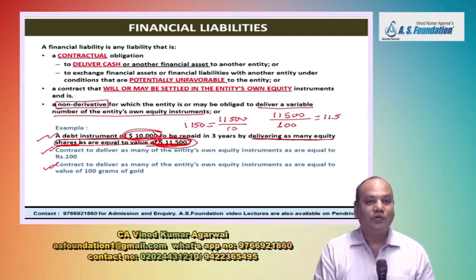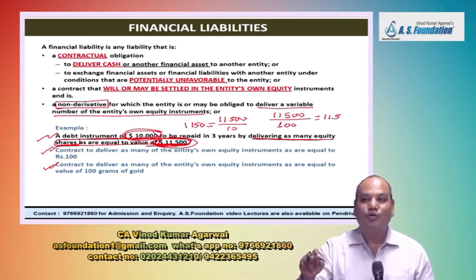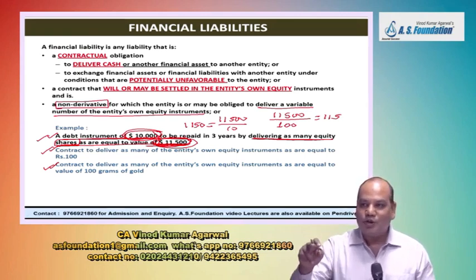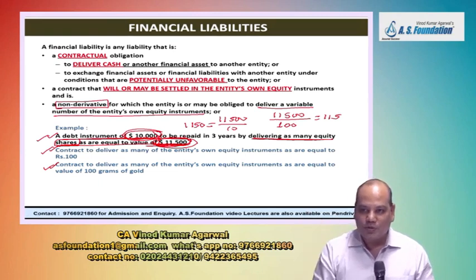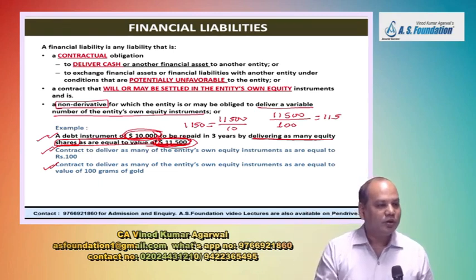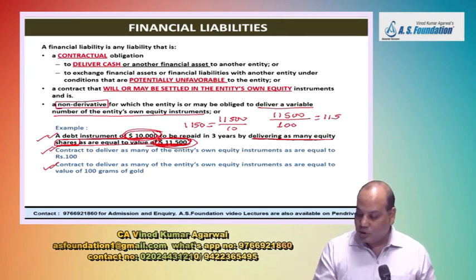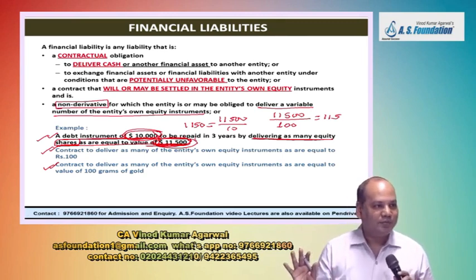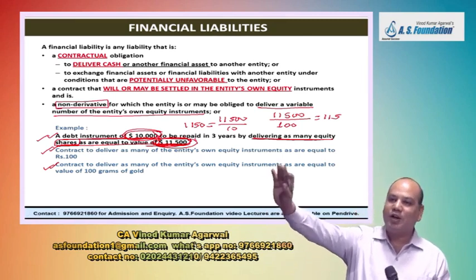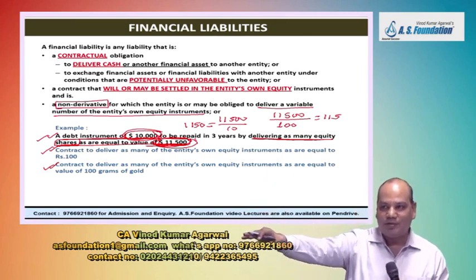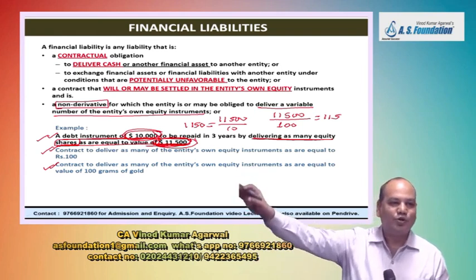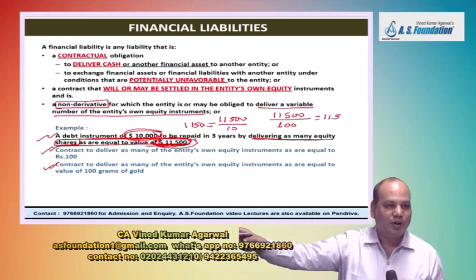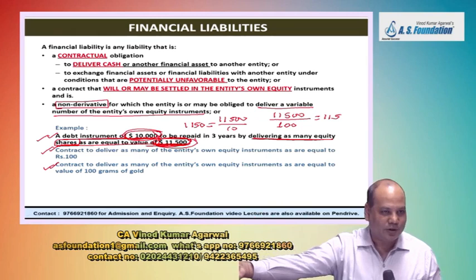It is used as a currency. The other party is not exposed to the risk which an equity holder is exposed to. Are you exposed to equity risk? No. Why? You are getting shares of 11,500. If I would have said I will give you 100 shares to settle your liability and the market price is 20 rupees only, $20, you'll get only 2,000 worth of shares.